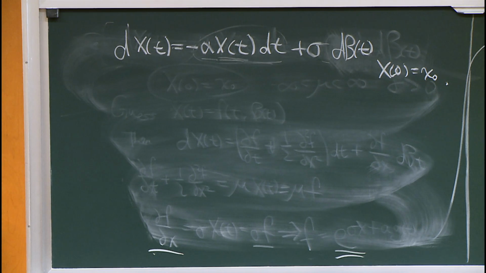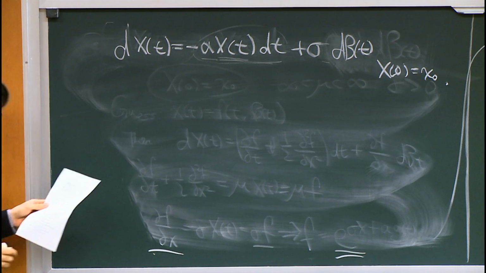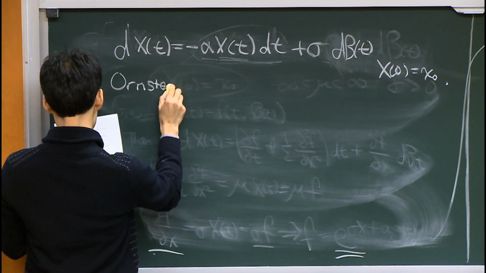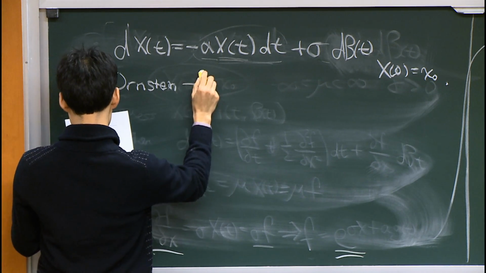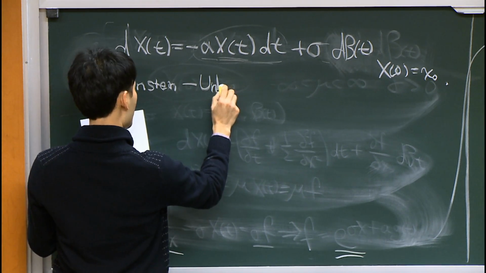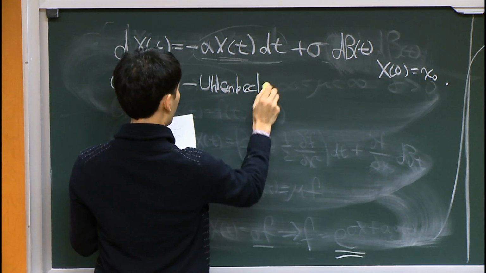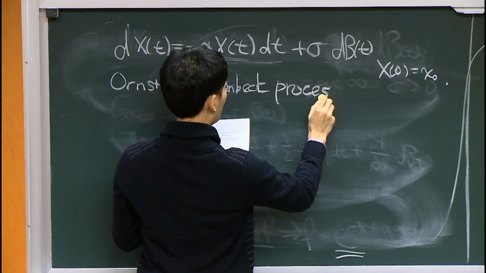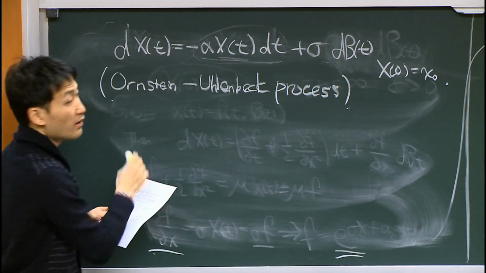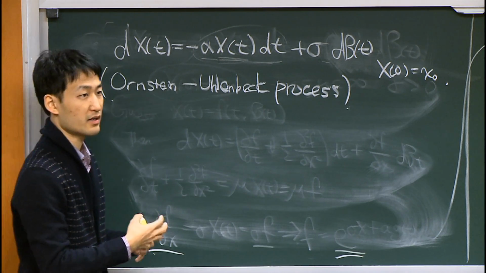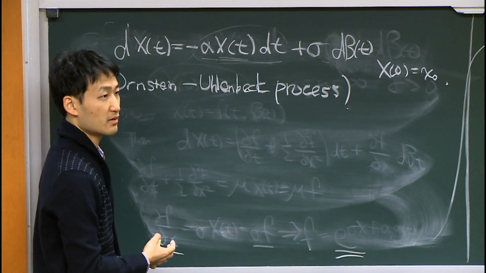It's a slightly different process, and it's known as the Ornstein-Uhlenbeck process. Okay. And this is used to model a mean reverting stochastic process.